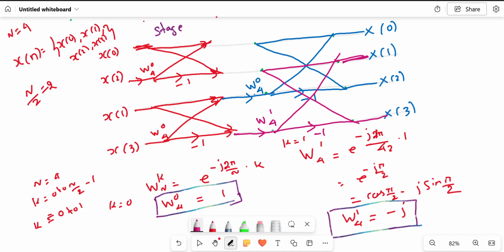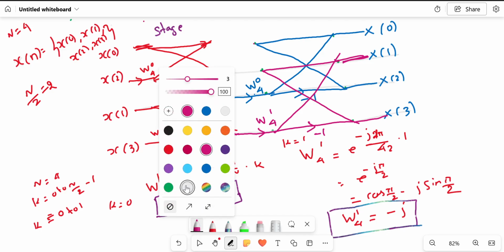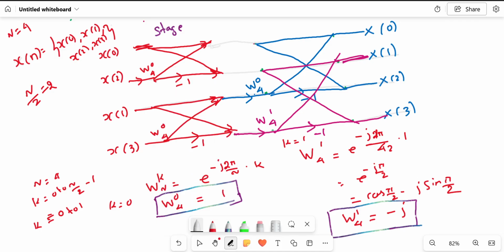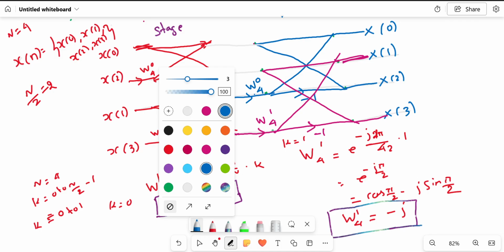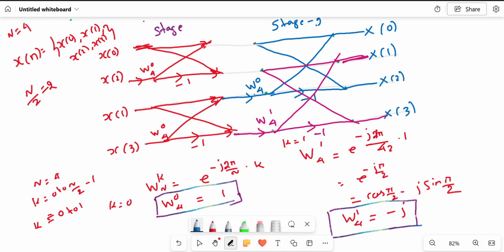Okay, so can draw neatly. Okay, so this is 4 point, this is stage 2. 4 point, so this is a decimation in time algorithm.